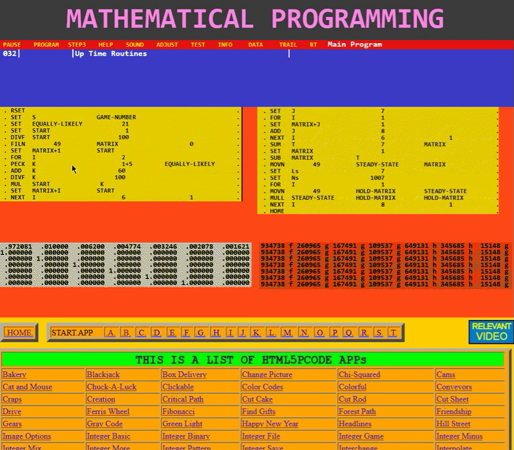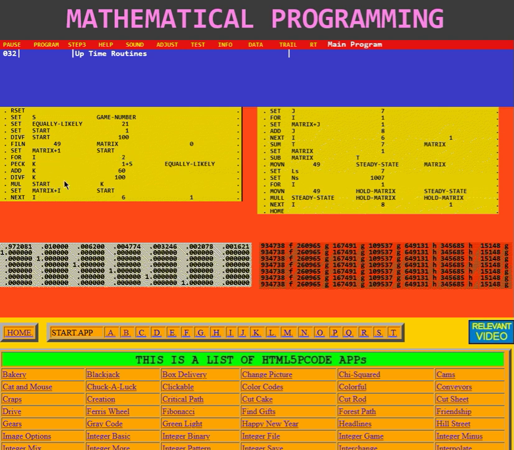Once it gets that value that is going to be from 0 to 20, it adds 60 to it. Well, now it's going to be a value of 60 to 80. Then it divides it by 100. Well, now we know it's from 0.6 to 0.8. It's a fraction.